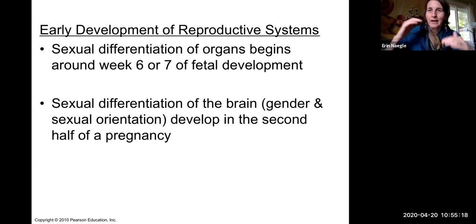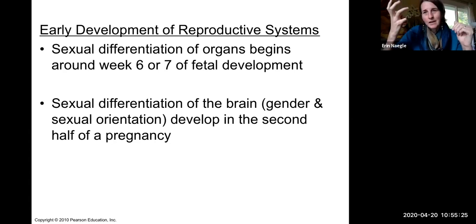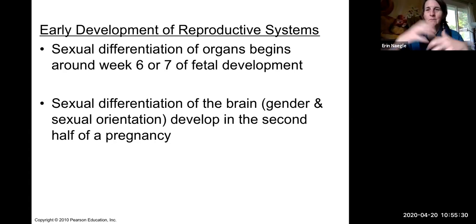And the reason why there can be different associations between physical sex and brain sex, which would be gender identity and sexual orientation, different from what we societally think of as normal, is because that differentiation happens at different times inside of pregnancy, and they're both influenced by hormones like estrogen and testosterone. But depending on what that hormone environment is in the womb, it can cause different differentiations.